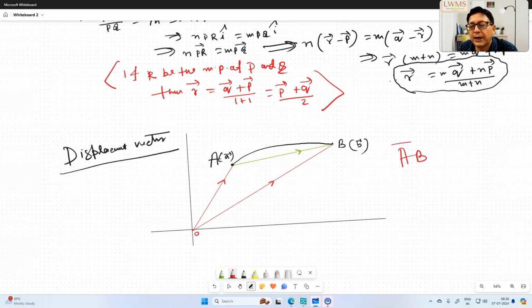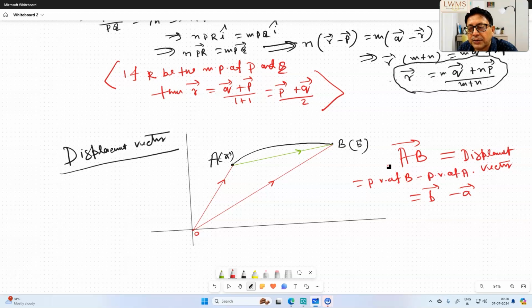So if we write AB as the displacement vector, then AB vector is going to be B minus A. That is, you know the formula, position vector of B minus position vector of A. So AB vector is going to be B vector minus A vector. In some books you will find this one as R vector, R dashed, and this one as R. Don't be confused. Instead of B and A, they are taking this. You can write R dashed minus R.